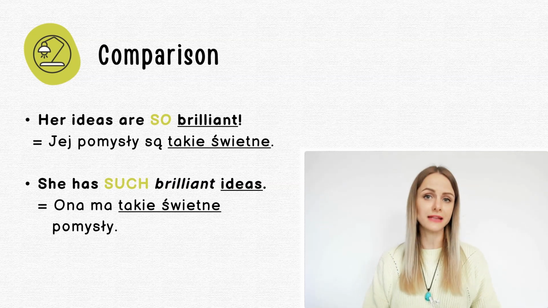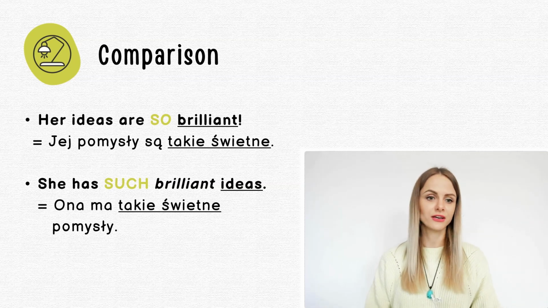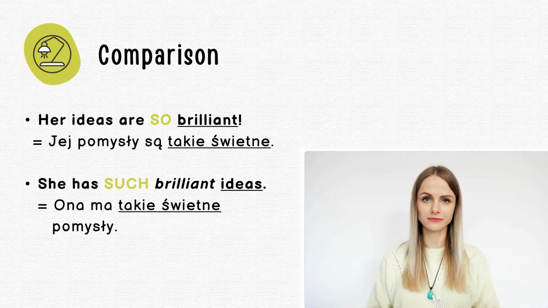Ideas, this is a noun, but actually it's in the plural form. So we just say such brilliant ideas. We don't use an article here. If you had one idea, then you could say, you know, this is such a brilliant idea.